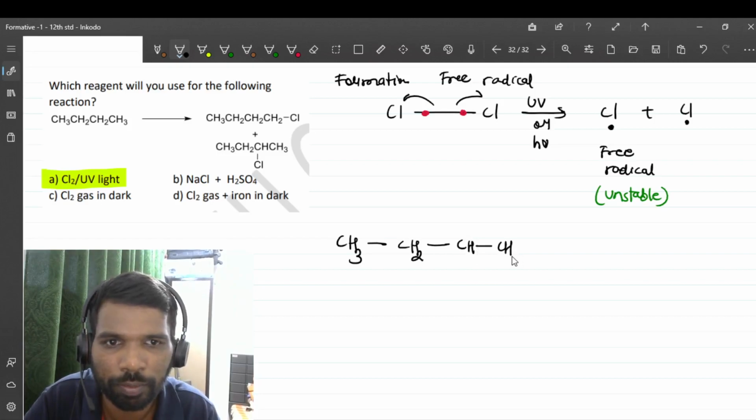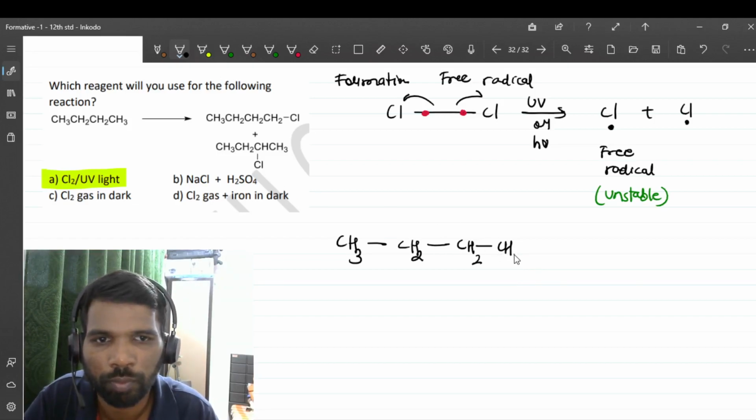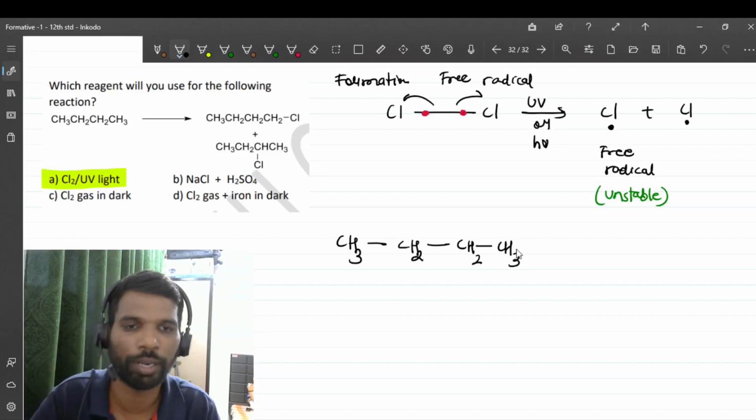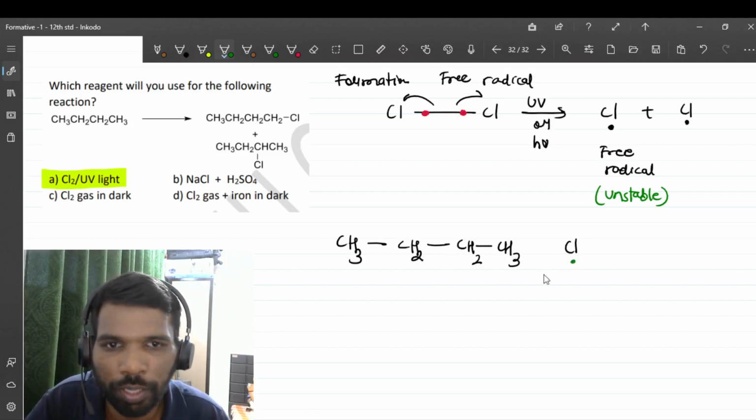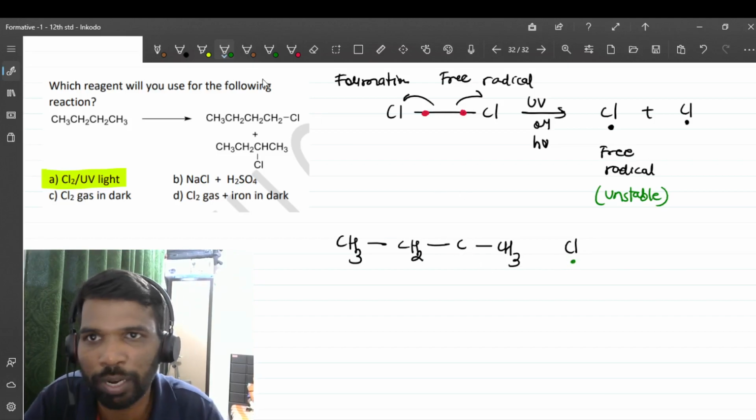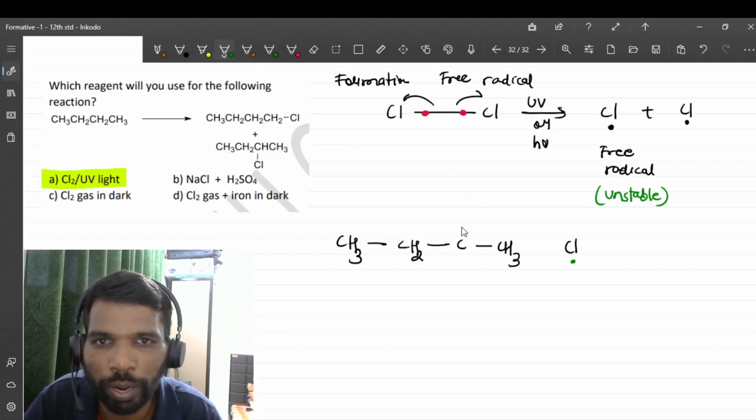Let's take this here, CH3, right? So this is the free radical which is going to react either here. First, I'll show the most stable attack, where it is going to go and do the attack.